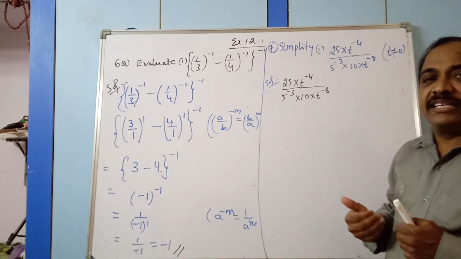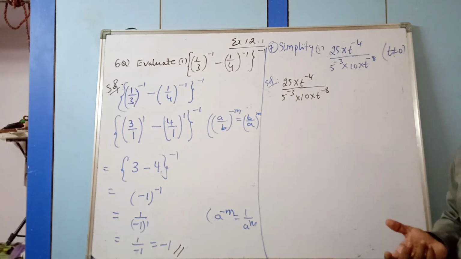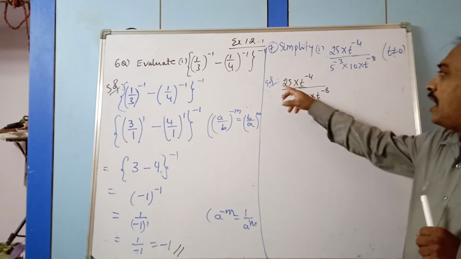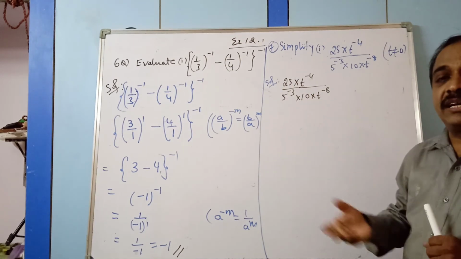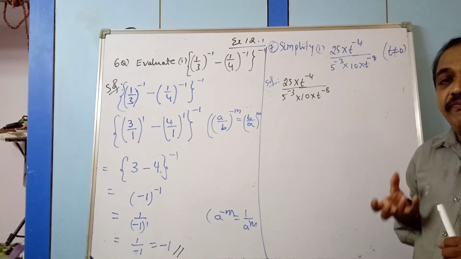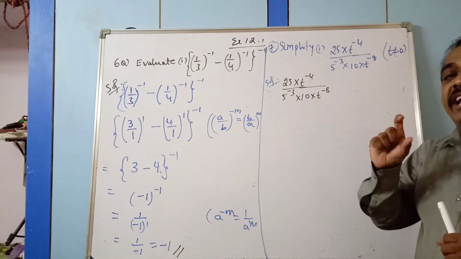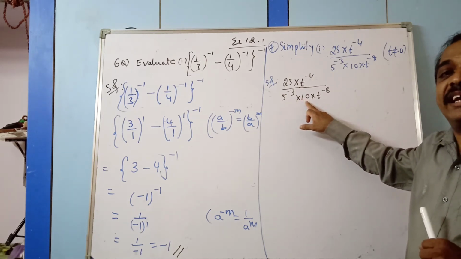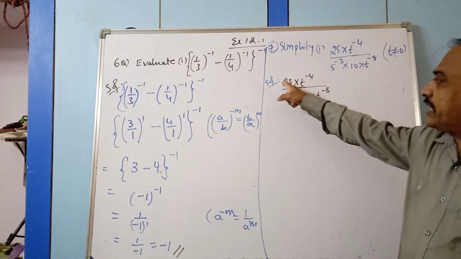When you get this type of question, try to convert the bases into the same. The variable already has the same base, and 5 is here, so try to write the other numbers also in terms of 5 if possible. Since 5 is a prime number, try to write 10 as a product of its primes, similarly 25.